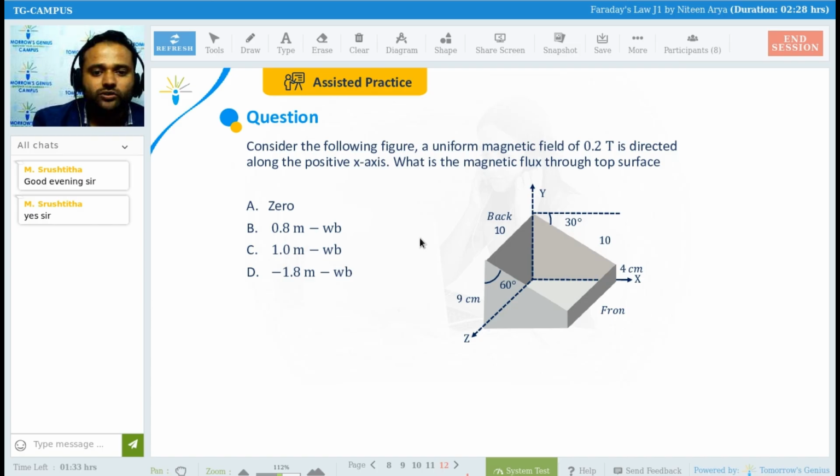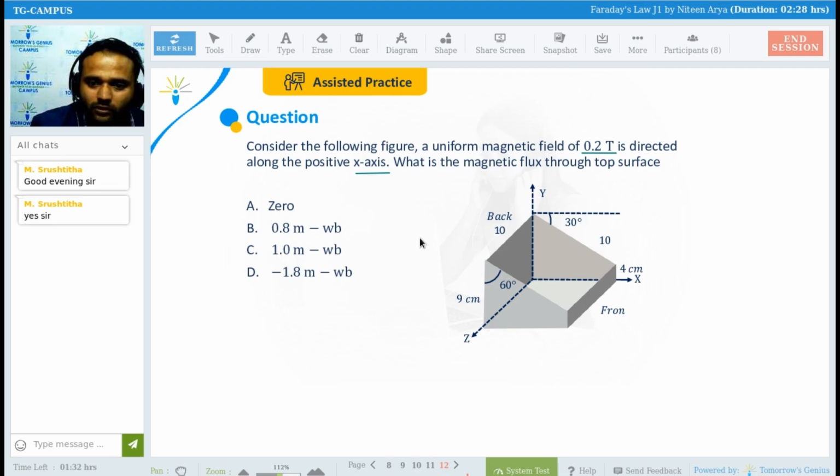Okay, so there is one simple question you need to solve: magnetic flux. Everything is in front of you. Consider the following figure. A uniform magnetic field is directed along the positive axis. So obviously the magnetic field direction is the positive axis. What is the magnetic flux through the top surface? Now this is your top surface.